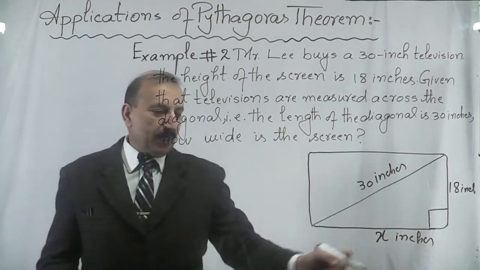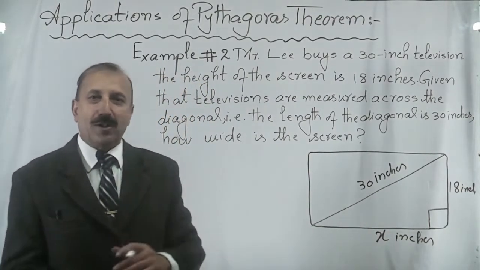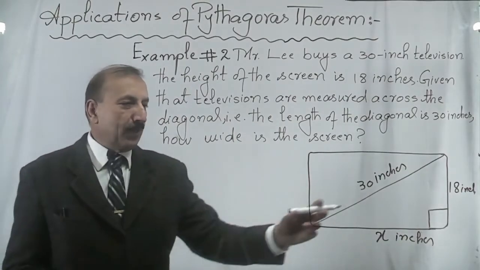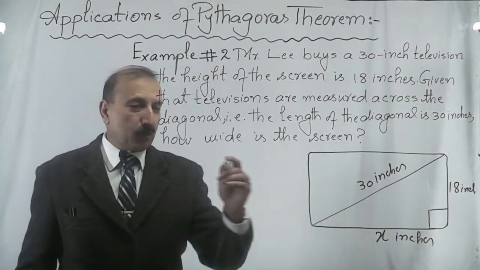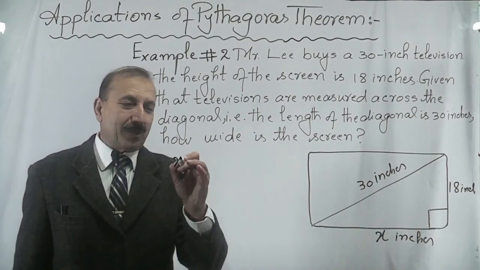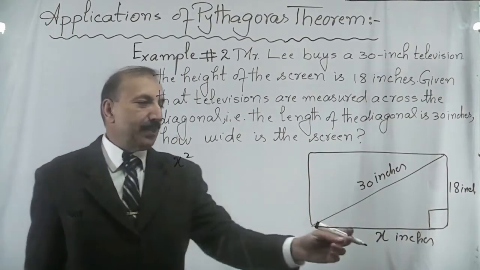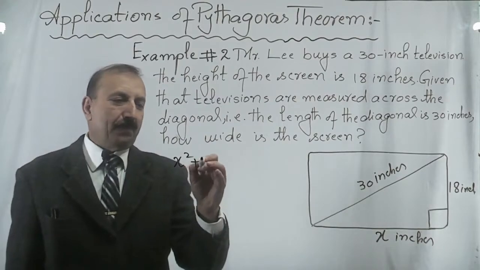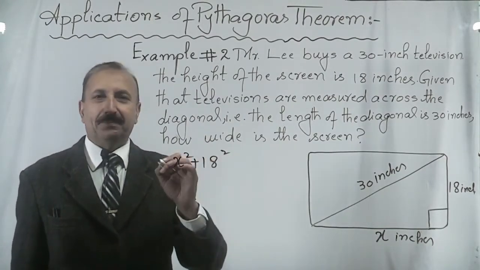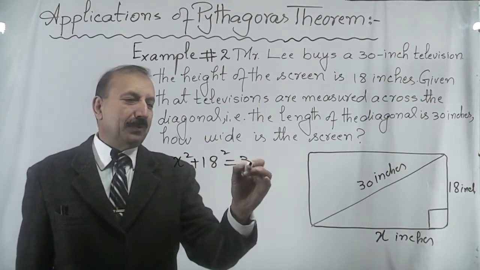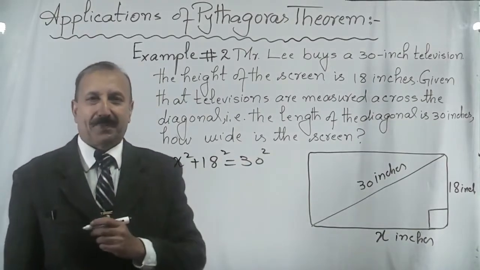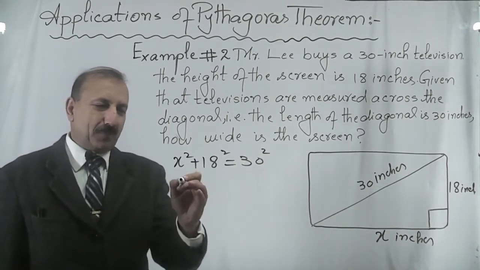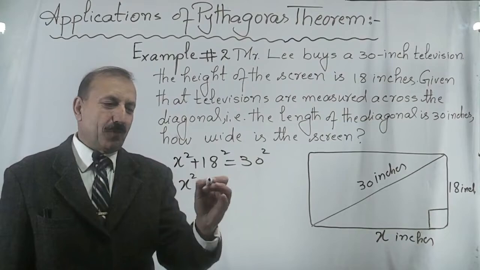According to the concept we have learned, we will apply it. So we will have x square, this and this are legs, x square plus 18 square is equal to 30 square. So let's work for finding the value of x.